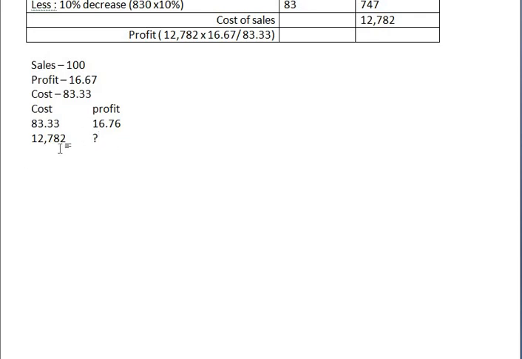So 12,782 into 16.67 divided by 83.33. Okay, hope everybody is understanding this.